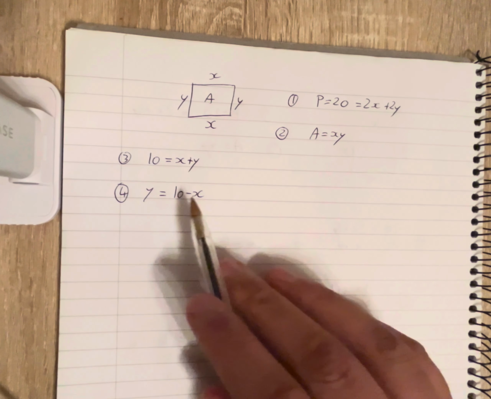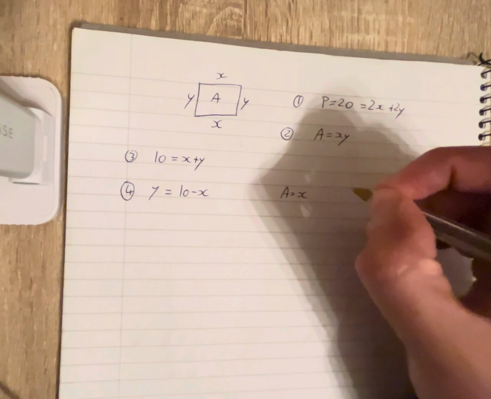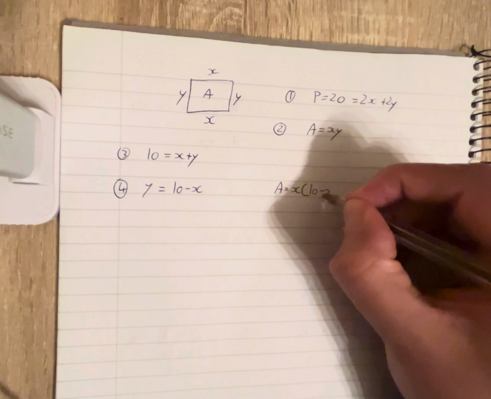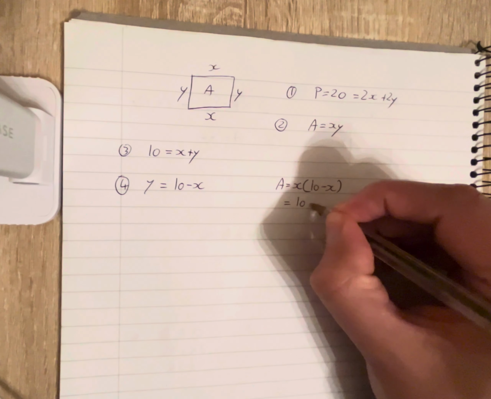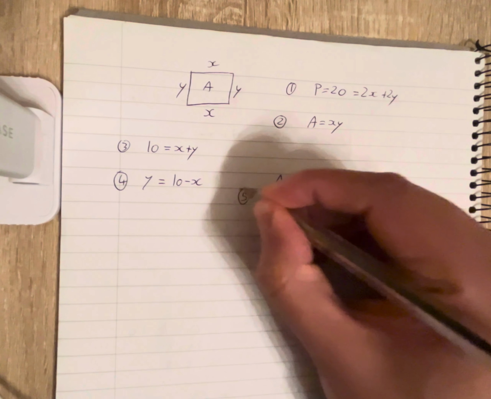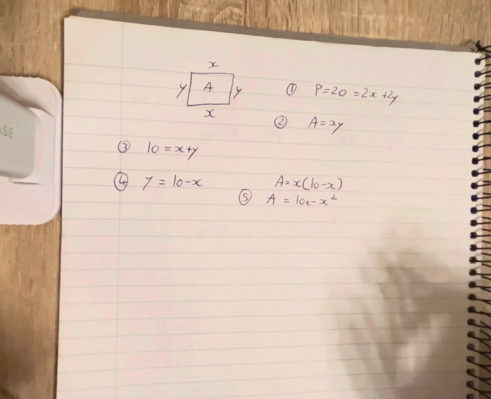So if I now plug this into here, we've got area equals x times y, which is x times 10 minus x, which we can expand to 10x minus x squared. Call that equation 5. Oh, missed an x.